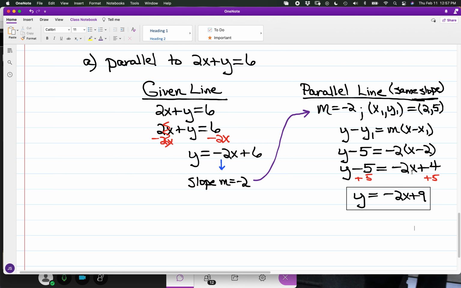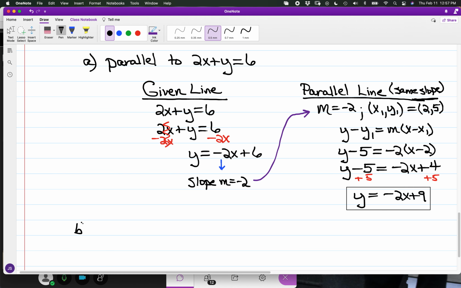Now, for the next portion, we're looking at where the line is going to run perpendicular to 2x plus y is equal to 6.